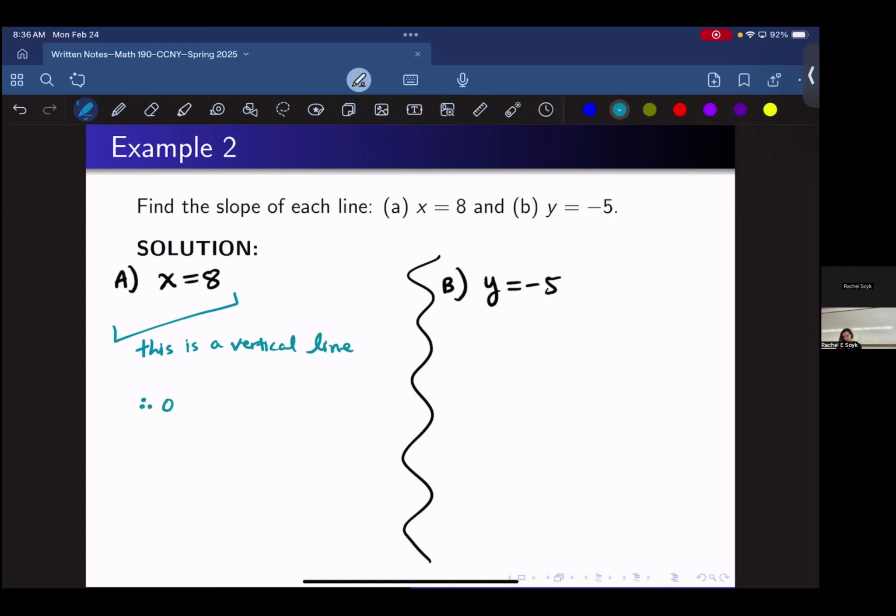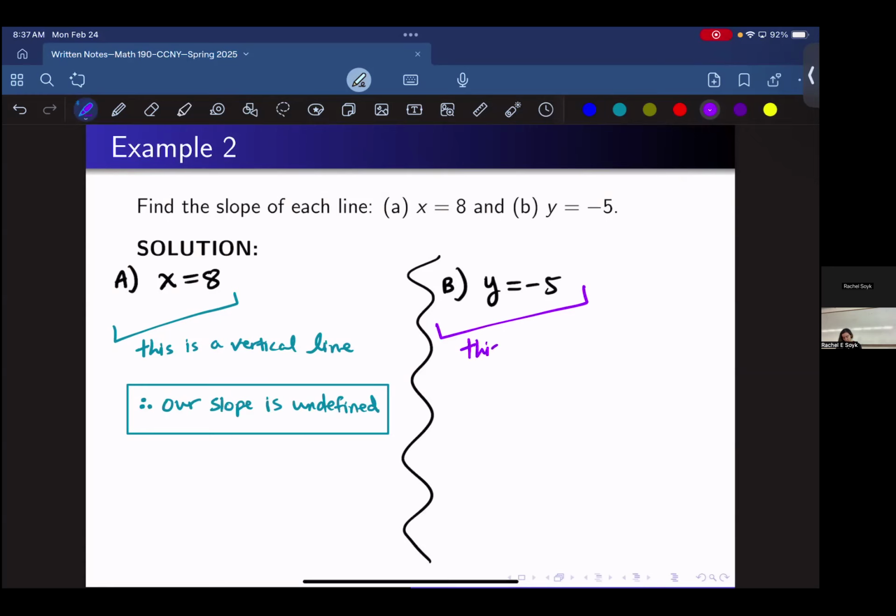Yeah, therefore, our slope is undefined here. What about y equals negative 5? Therefore, what's our slope? Good.